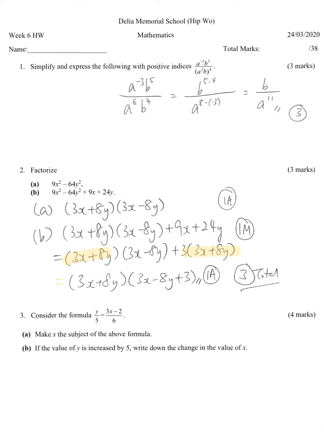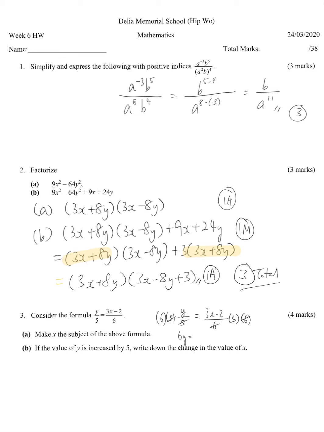And then for number 3, since you have a fraction to deal with, like how I told you, you multiply both denominators to both sides. And then what you will see is that the denominators get cancelled by those things.